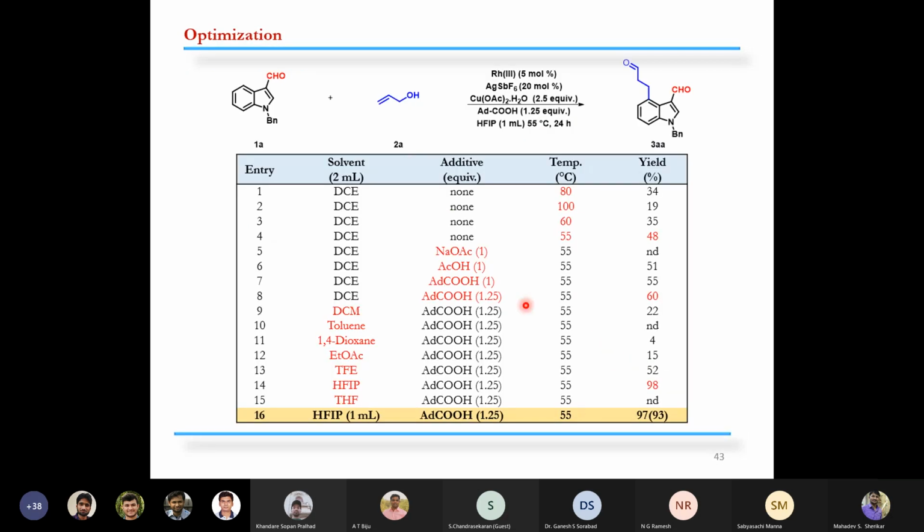So with this idea, we went further for optimization, with indole 3-carboxaldehyde as the directing group and allyl alcohol as a coupling partner, using rhodium as a catalyst, and screening various solvents, temperatures, and additives. Finally, we optimized the condition where we got 93% isolated yield of the C4 alkylated product by using HFIP solvent and adamantane carboxylic acid as additive at 55 degrees.